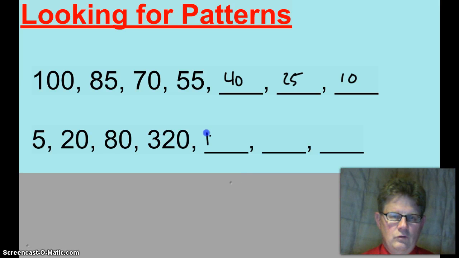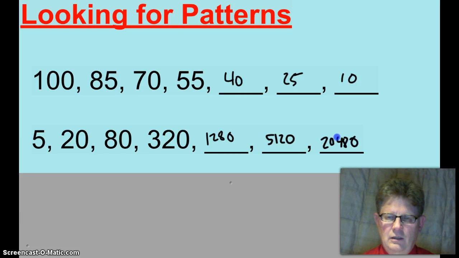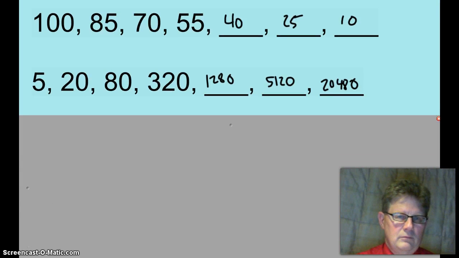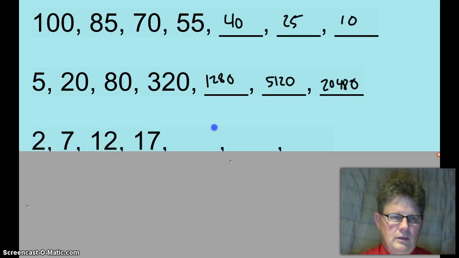So this would be 1280. And this would be 320, 5,120, and 20,480. That one took me a little bit of work to get that in my head, multiplying like that.